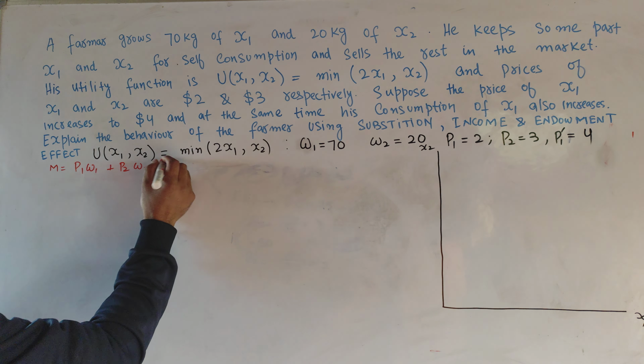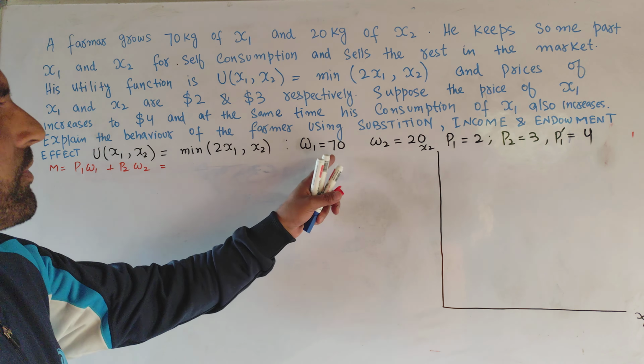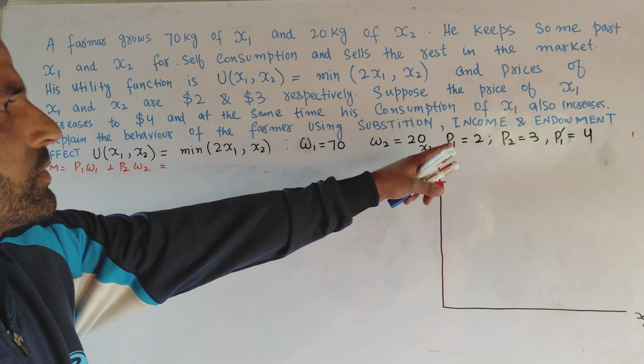Initially the price of good 1 is 2, the endowment is 70, plus the price of good 2 is 3 and the endowment of X2 is 20. So this becomes 140 plus 60. Initially he has an income of $200.